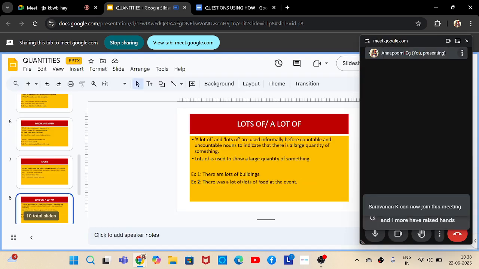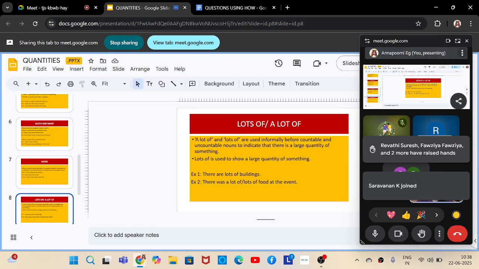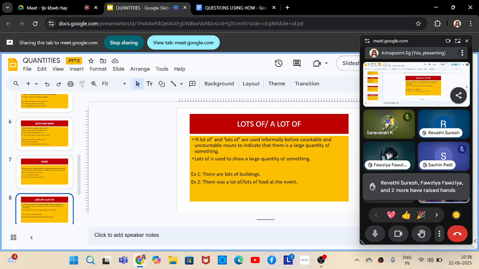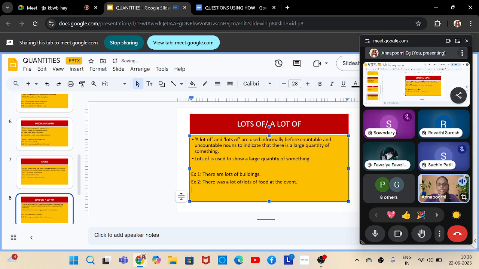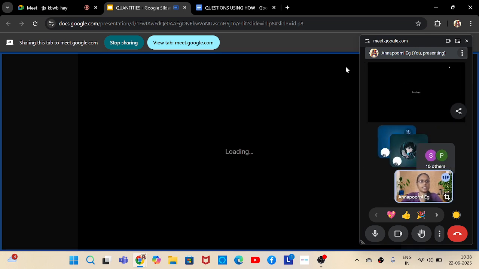See, the first one is there are lots of buildings. The second one is there was a lot of or lots of food at the event. I can create one more example. There is a lot of garbage in the bin.